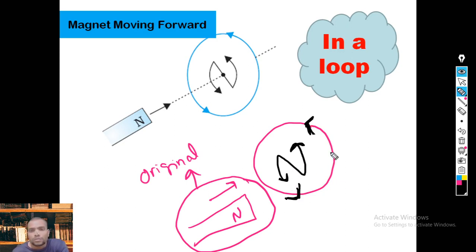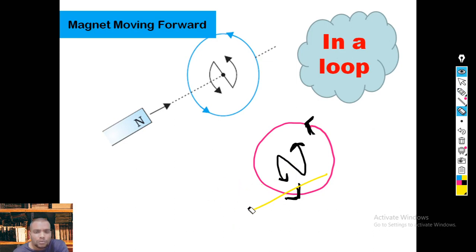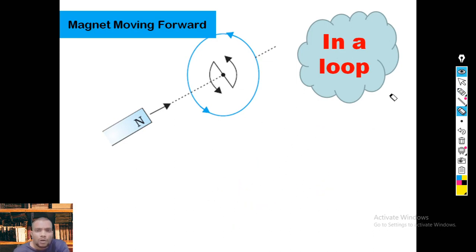We know that these two north poles will repel each other. So when the north pole of a bar magnet moves towards the loop, the current in the loop will be anti-clockwise, and the anti-clockwise current contributes a north pole.